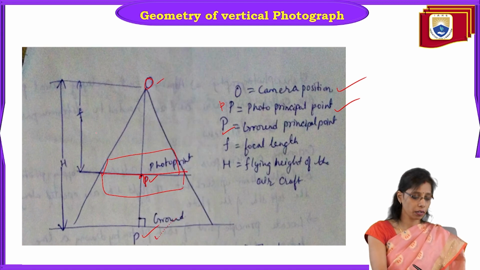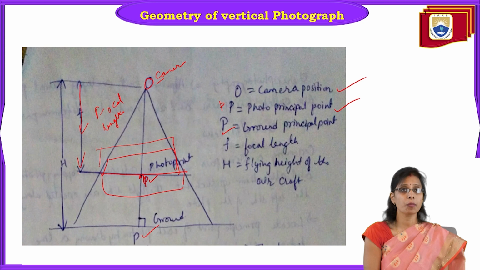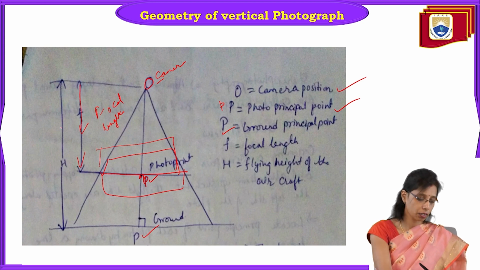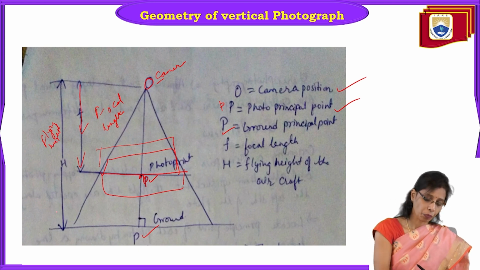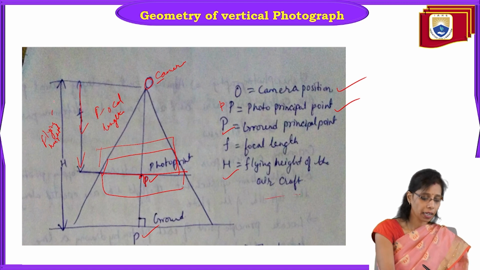Now you have the focal length. We call it small f, the focal length. That means here will be the camera, and the photo is taken of the ground, so here you get an image. This is called the focal length of the camera. Now you have the flying height, capital H, the flying height of the aircraft.